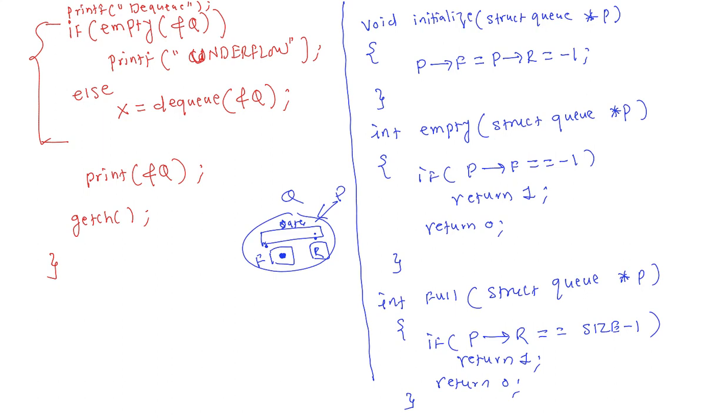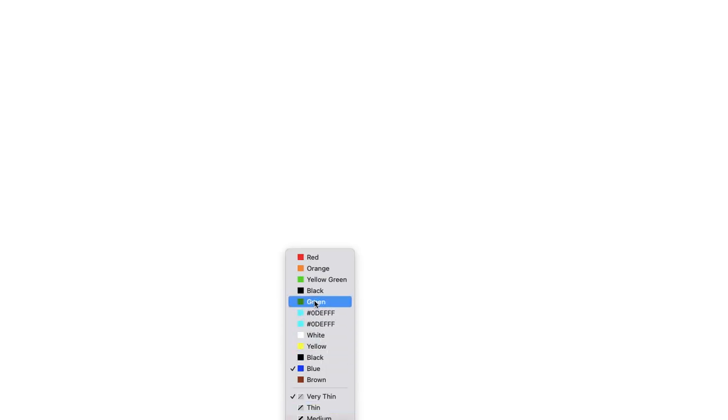Now let's see enqueue and dequeue. So just a moment. So here is our enqueue function. So void enqueue. To this enqueue, we have passed two things.